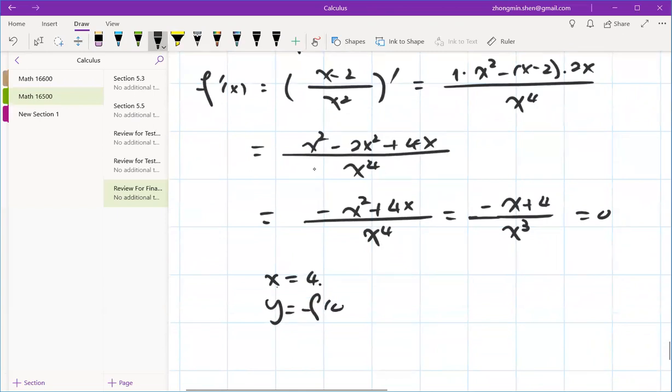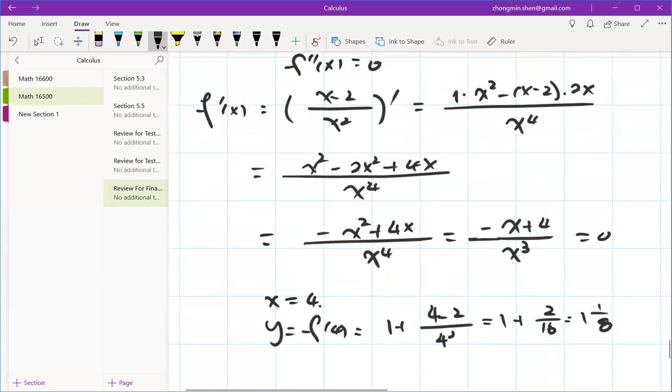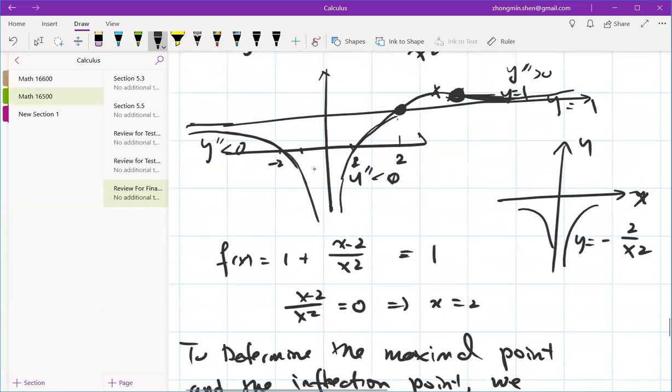So this is the maximum value of the function, okay? It appears at x equals 4, right? So let's go back to the picture.